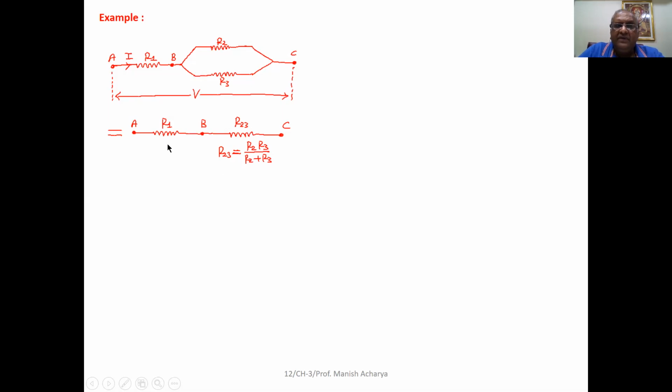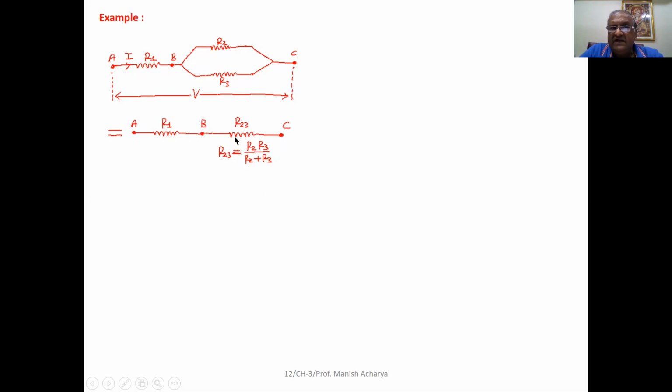So now this particular circuit we can prepare like this. A to B, resistor R1 as it is, and B to C, this parallel combination is replaced by one resistor R23.